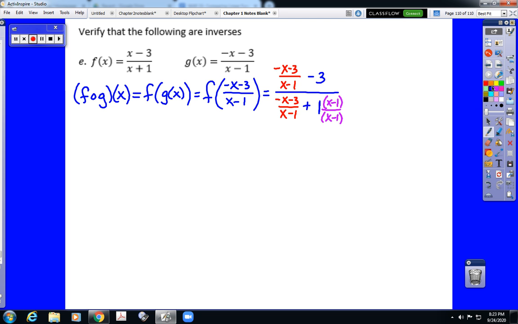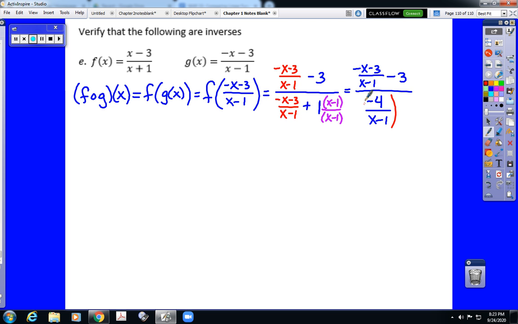We're not doing anything to the top. We're leaving it completely alone for now. So negative x minus 3 over x minus 1, minus 3. And in the denominator, negative x plus x is nothing. Negative 3 plus negative 1 is negative 4 over x minus 1.